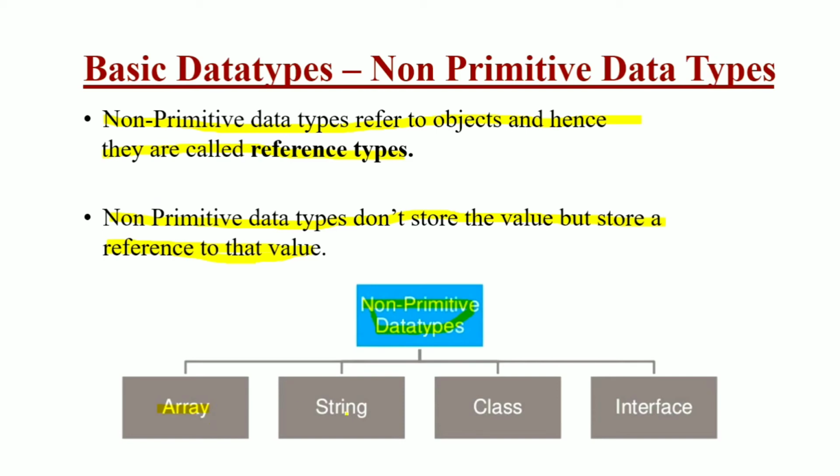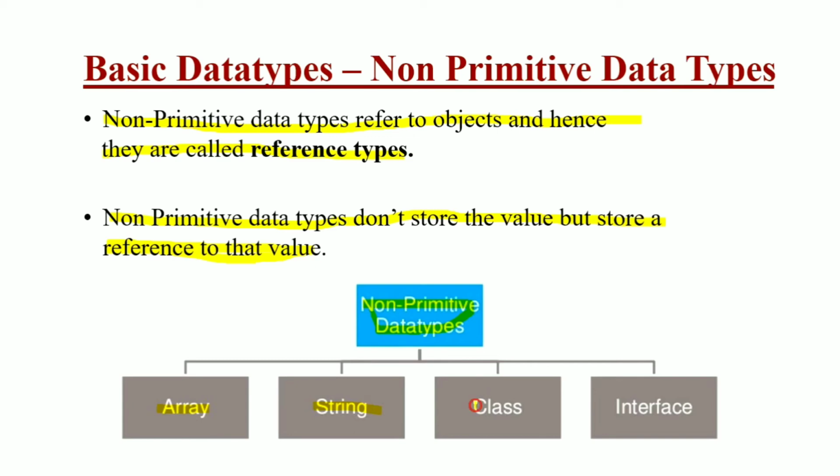Next, string. We know that string is a sequence of characters, but in Java string is represented as an object, and generally we use the java.lang.String class to create the string object.